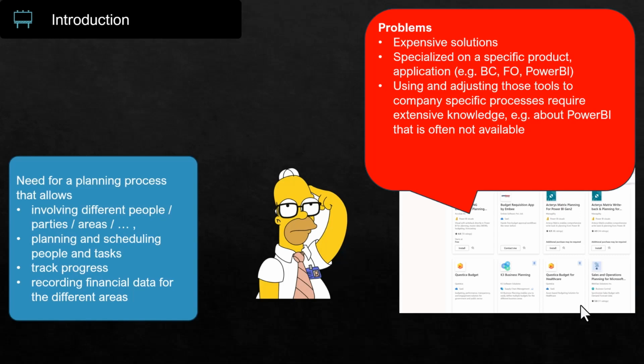So if you have a Power BI based planning and forecasting tool, you really need to be very deep in Power BI to make adjustments and changes there. And most of the time there is no integration with the standard Office tools such as Outlook, Teams, Planner. If you want to assign people to different tasks, what they need to do until when, so that they can follow up, then most of the time this is missing.